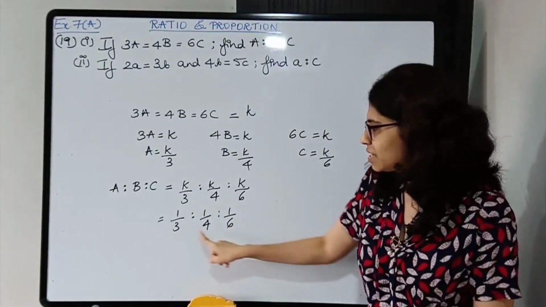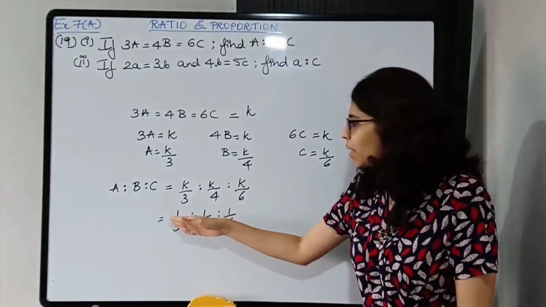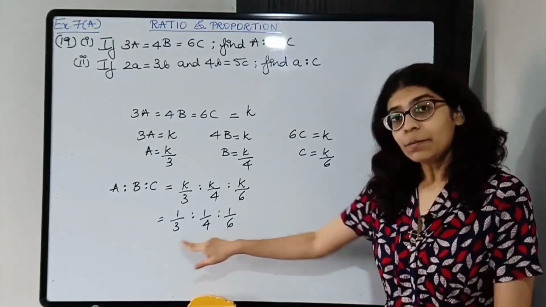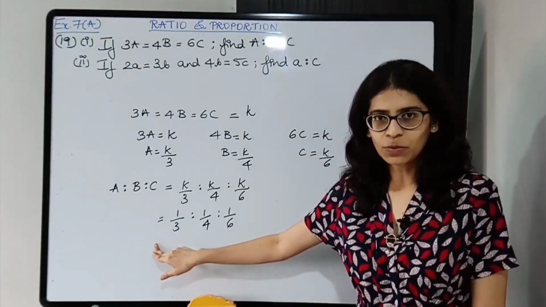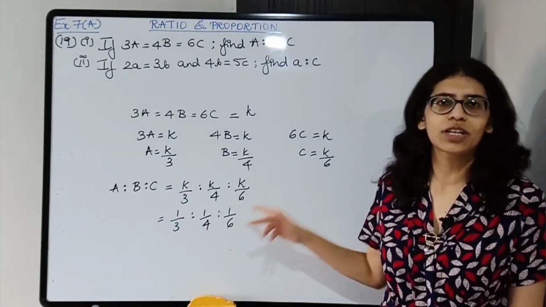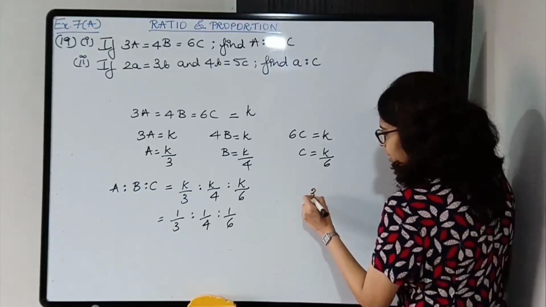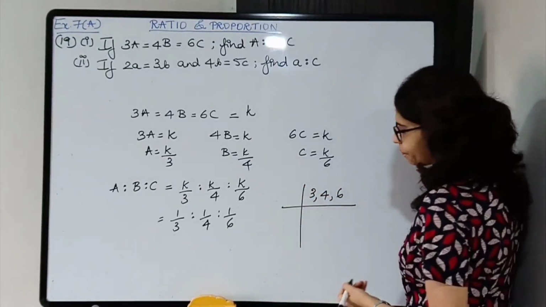I have numbers in the denominator, so what do I need to do? I need to multiply, but all denominators have numbers, so I need to take the LCM first. So what will be the LCM of 3, 4 and 6? It will be 12. Okay, I'll still show you the LCM part in case you have forgotten, so those who know can skip this part.